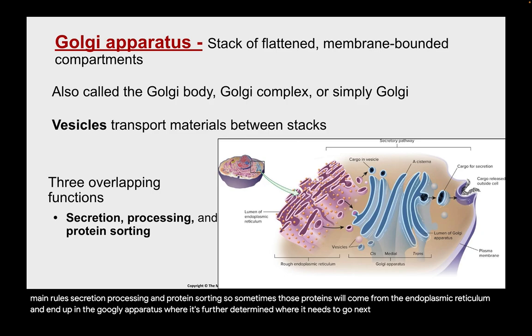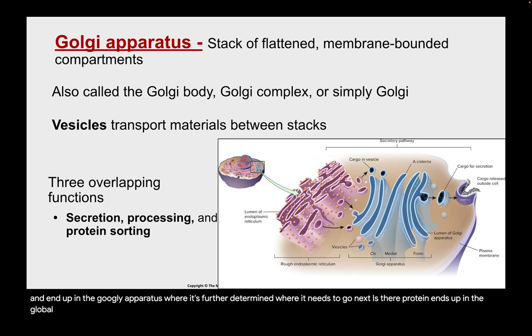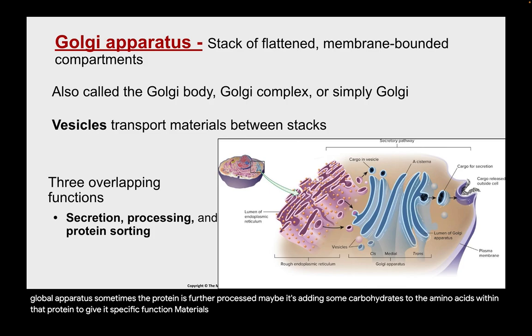If the protein ends up in the Golgi apparatus, sometimes the protein is further processed. Maybe it's adding some carbohydrates to the amino acids within that protein to give it its specific function. It can also secrete materials. We can see in this image here, we have this cargo in a vesicle, and it's being secreted out.